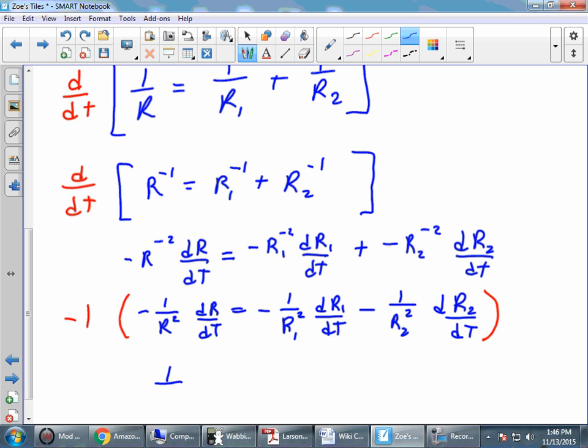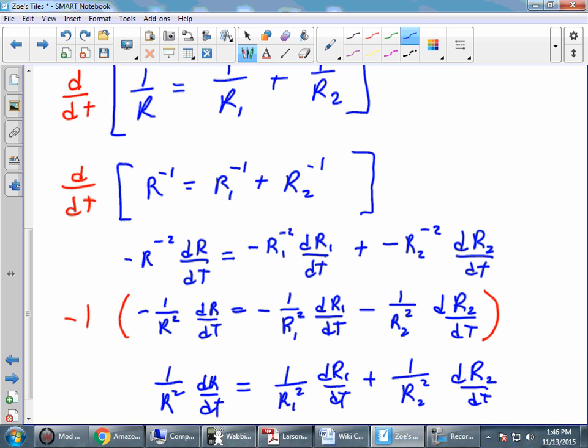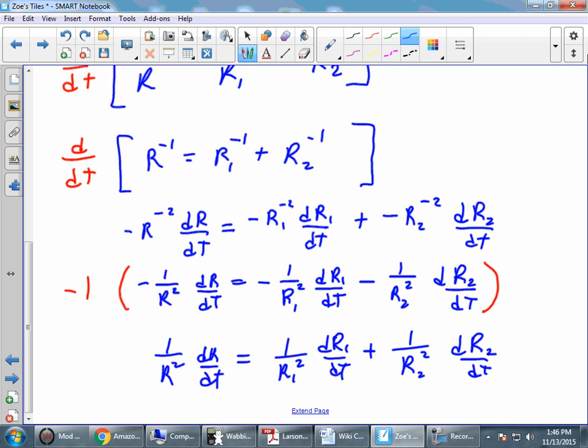So then we can say 1 over r squared dr dt equals 1 over r sub 1 squared dr sub 1 dt plus 1 over r sub 2 squared dr sub 2 dt. Man, that is implicit differentiation squared.